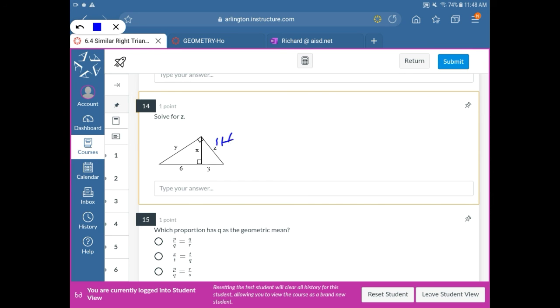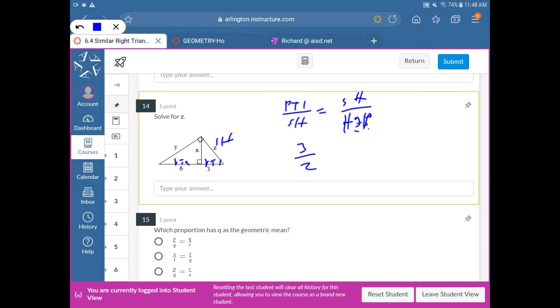Here you have the short, then part 1, part 2. So the short is Z. So just plug in the formula. That should say hypotenuse.